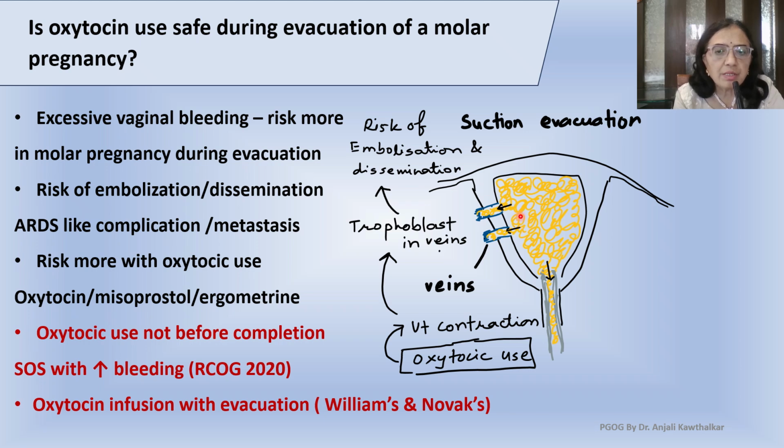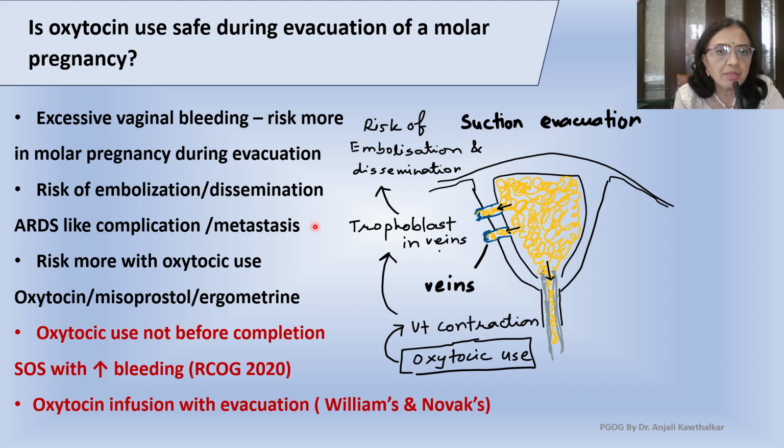Or when we start evacuation, sometimes the patient can start having brisk bleeding. So this is a real risk during evacuation, as well as there is a risk of embolization or dissemination of the trophoblastic tissue through the venous system, leading to an ARDS-like complication. Patients can have severe dyspnea and hypoxia, and this dissemination will also increase the risk of metastasis.